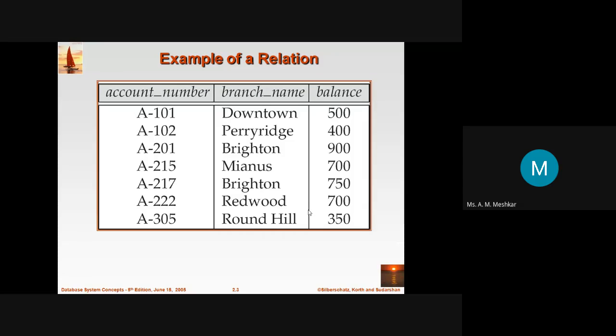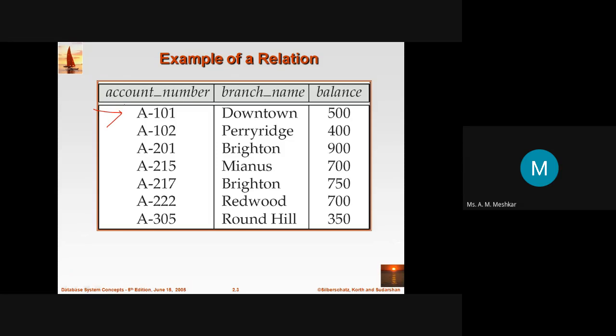Now, since we are going to study the relational model, let us start with the basic term, that is relation. So what is a relation? Relation means table, which is made up of columns and rows. And columns correspond to the attributes, and they describe each row being created inside the table.